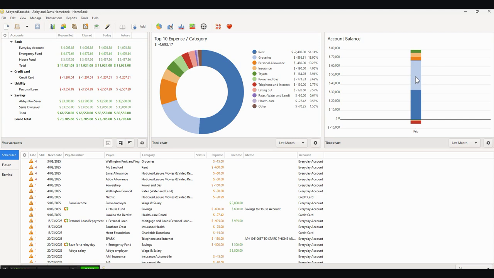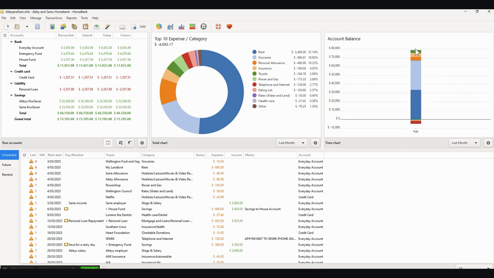And then I've got this final one on the right hand side as well, which shows the account balance, and that's the total though. That gives you a cumulative total over everything, so you can hover over the different ones and see where the balances are sitting. So there's the KiwiSaver.